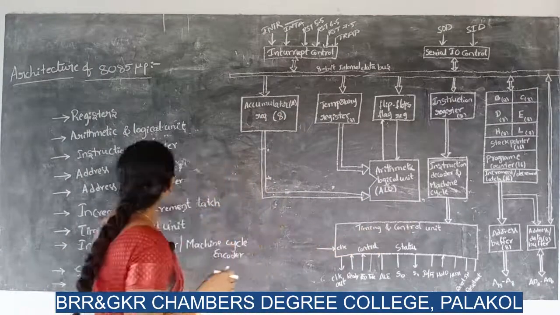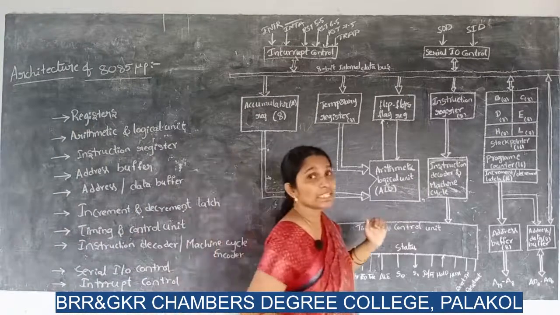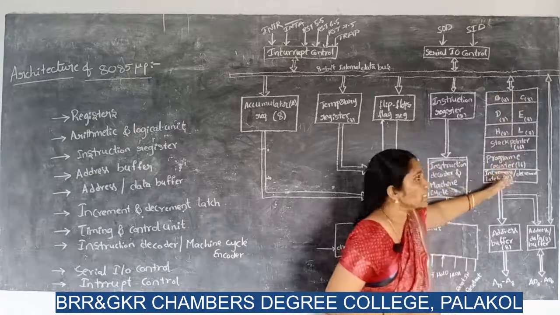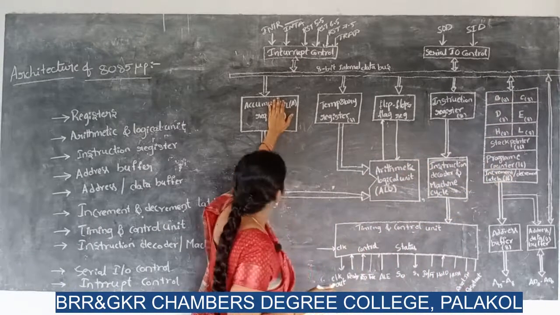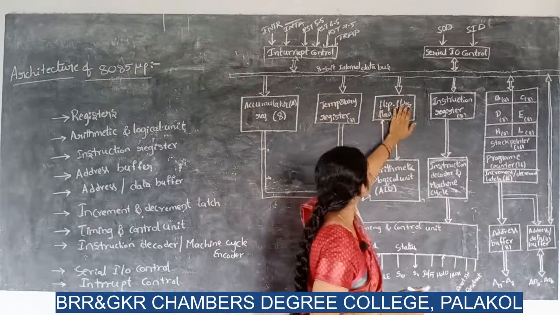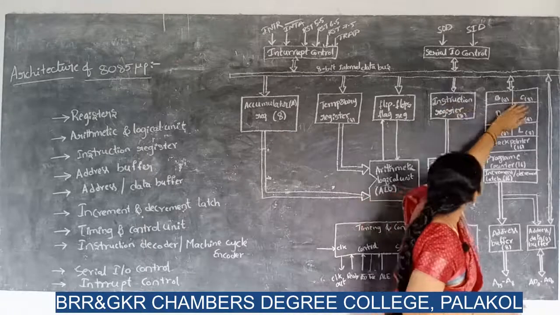Here, the first one is registers. Here, the accumulator is a register, a temporary register is a register, the flag is a register, and the instruction register is a register.